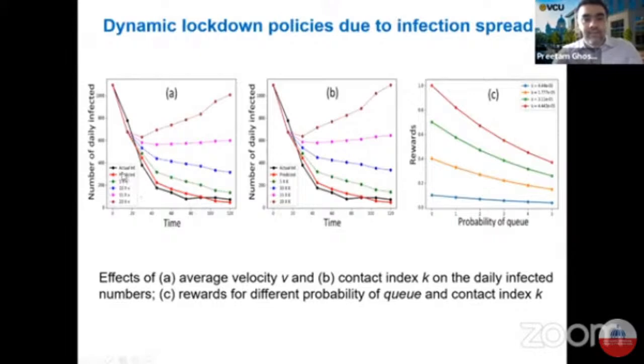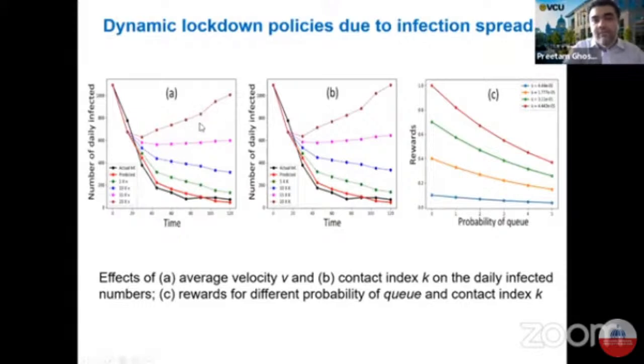So, for example, in the first curve over here, the black curve is the actual infection curve. Now, if you change the velocity level of people, and this is just an abstraction, by the way, velocity level means I'm letting people move over a larger radius. So you're basically saying that you cannot go beyond a certain radius because we have lockdown in place. That's the lockdown policy that we are talking about. So if you increase that radius, your chances of infection spread are higher.